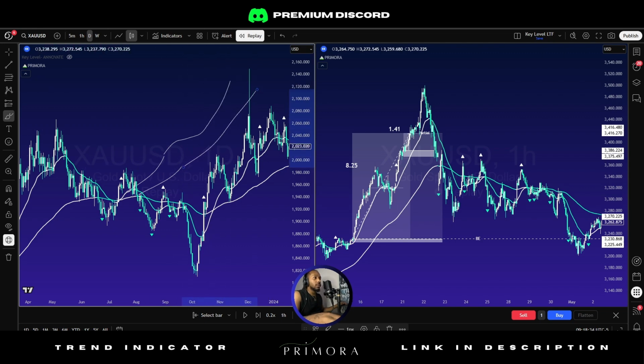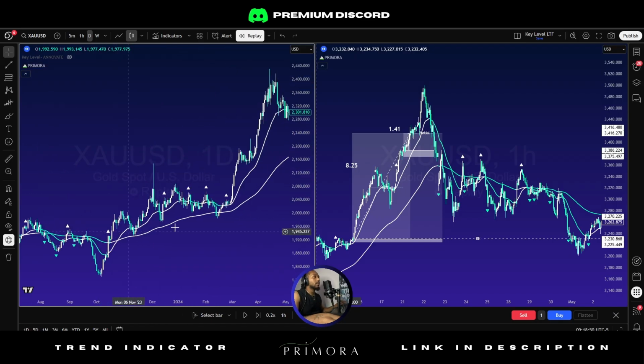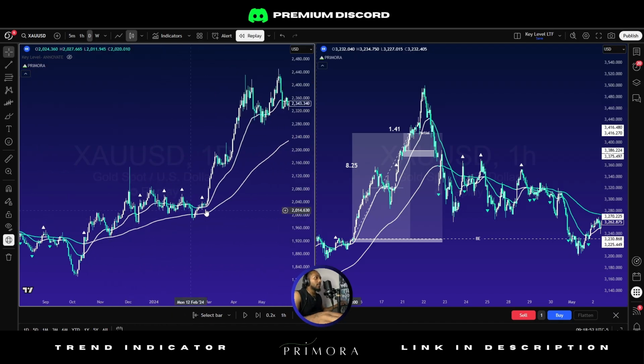So something like this. I would want to see price do some stuff like this, like up and then come back down, play around here a little bit, leaving this liquidity target top to then rise again and then keep going up. Right, you understand? That's what I want to see. So very similar to this.